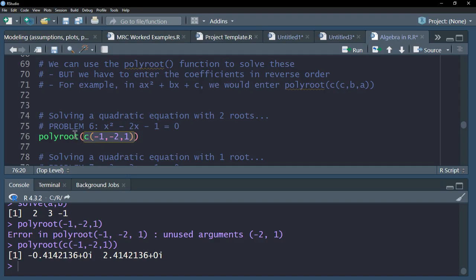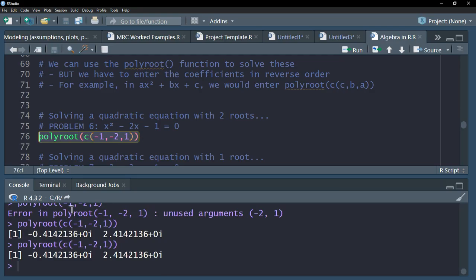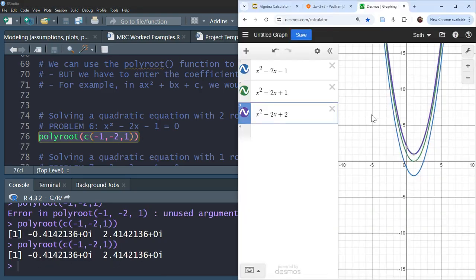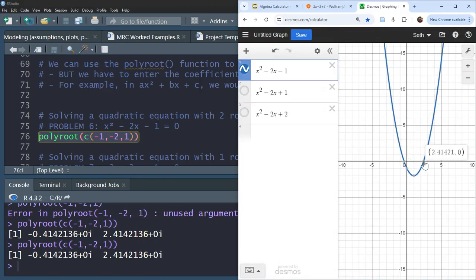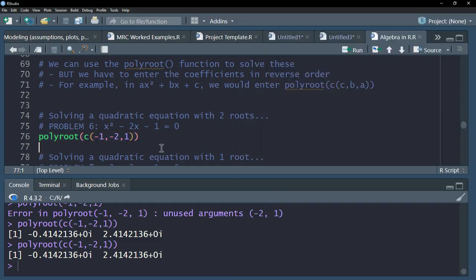So the first argument is the coefficients, and you can think of a combination as a list or a vector of things, and they are negative 1, negative 2, and 1. Now when I do that, it gives us negative 0.41 and 2.41, and we're hoping to see that. So it's giving us what we want.